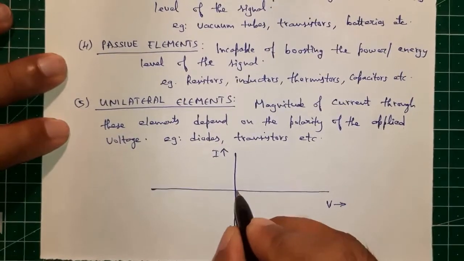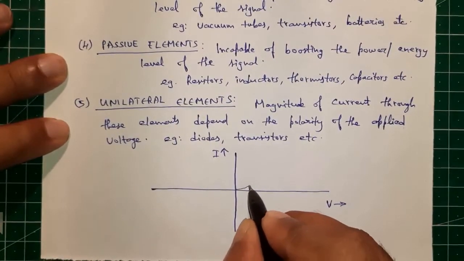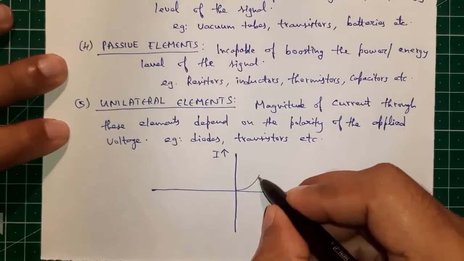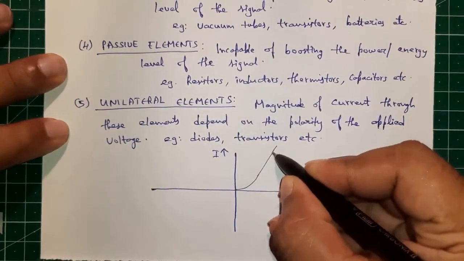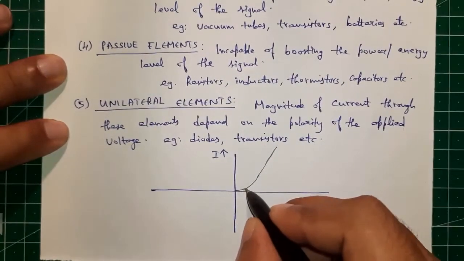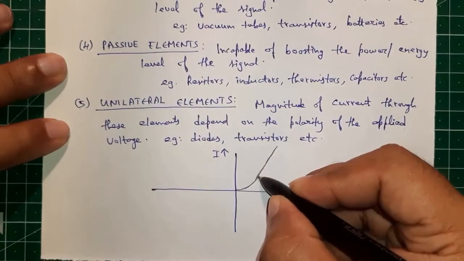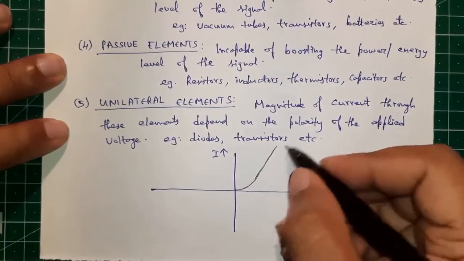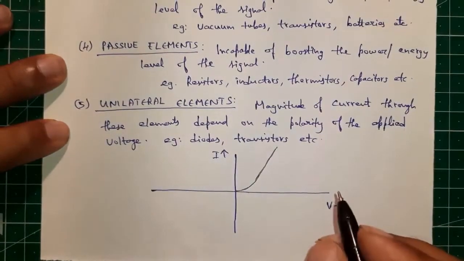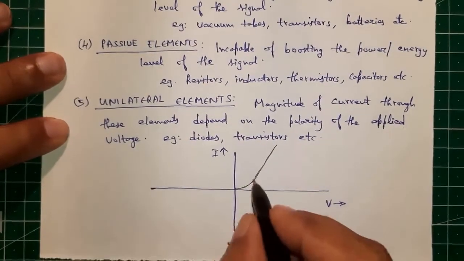So we have already drawn the forward characteristic. It's a shape like this: dynamic region, nonlinear region, combined with the linear region, the resistive region.